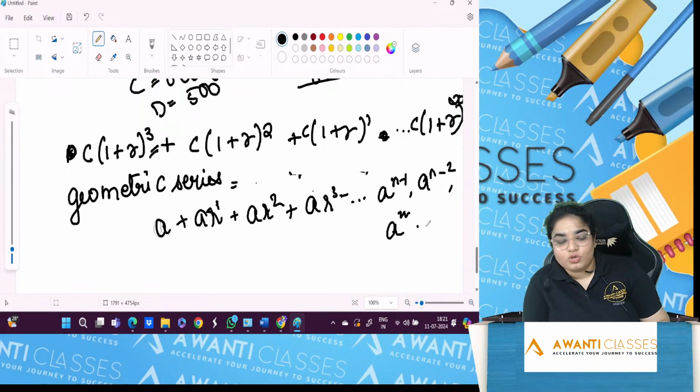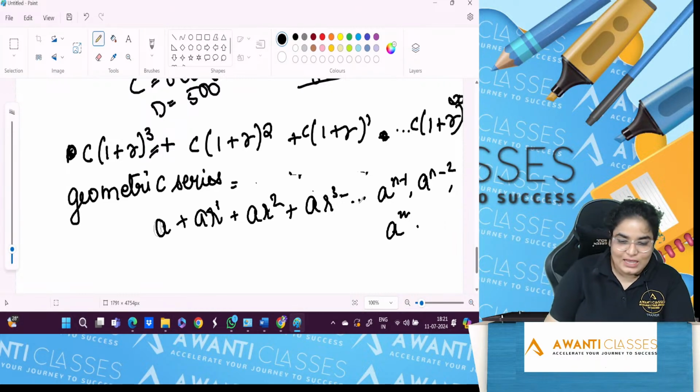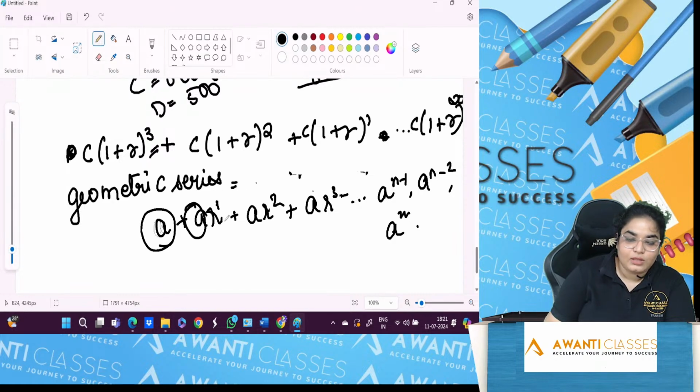Why n? So basically this geometric series goes on up to n terms. So if there is 20 years, then 20 is equal to n, something like that. Understand? Now when this happens, a is the constant here and r is the common ratio, the change.